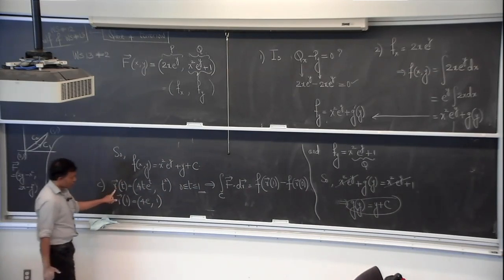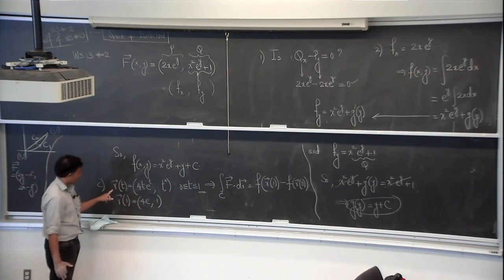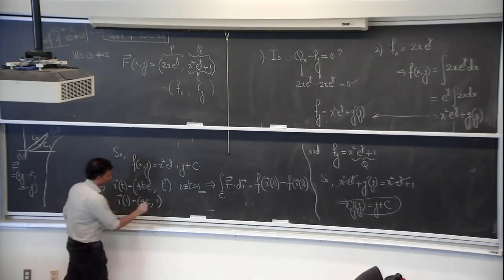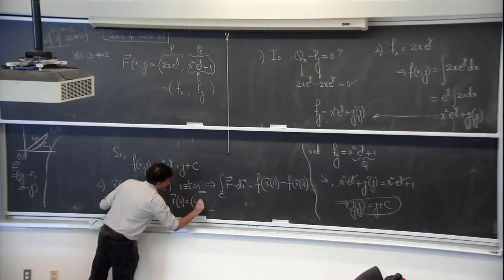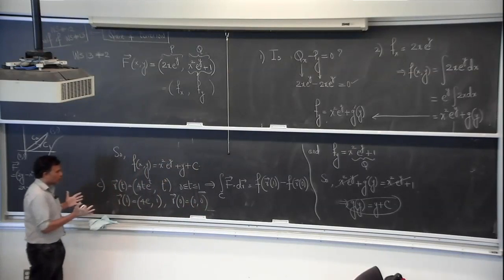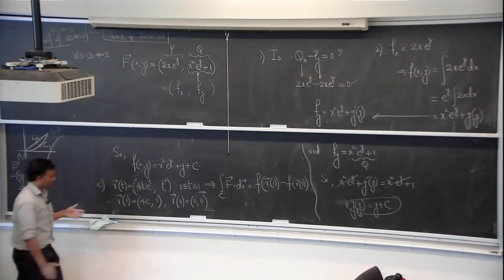And r of 0, which is the value where it was starting in time, would be 0, 0. That is all you need to do with that parametric form. It's nothing to do with integrating it or making your life more complicated. Just extract the starting point and the finishing point and plug it in here.